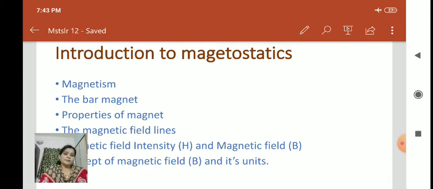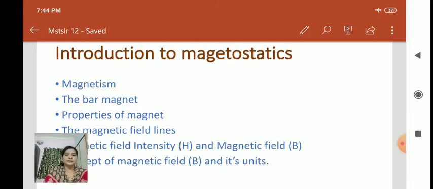The material which attracts other materials is known as a magnet, and the materials which are attracted by the magnet are known as magnetic materials. In general, we know that iron, cobalt, nickel are the materials which are attracted by a magnet. There are some other materials.